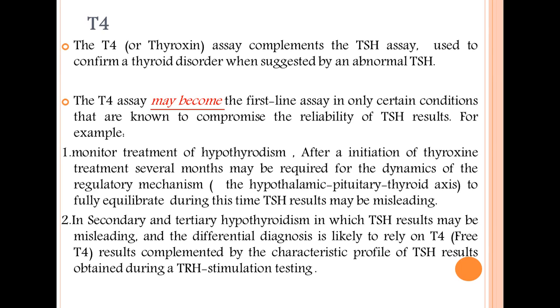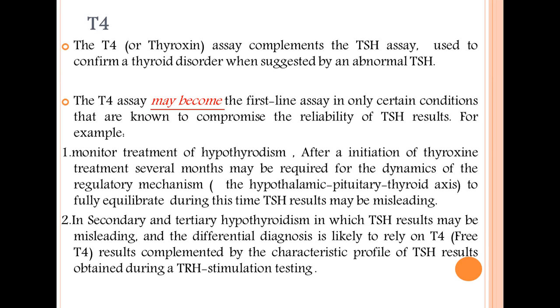TSH needs time to fully equilibrate and return to the dynamic of the regulatory mechanism of the hypothalamic-pituitary-thyroid axis. At this time, we can measure the performance of the thyroid by measuring the level of T4. This is one of the conditions in which we prefer measurement of T4 over TSH, and it will be more reliable.